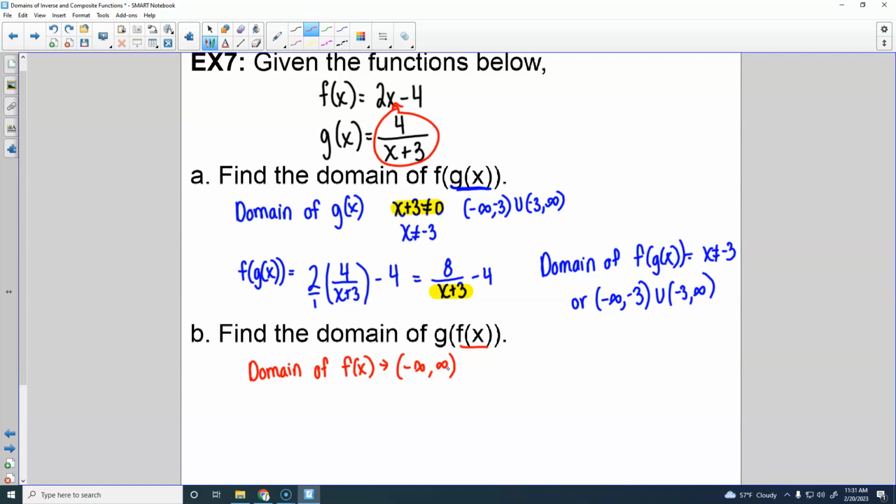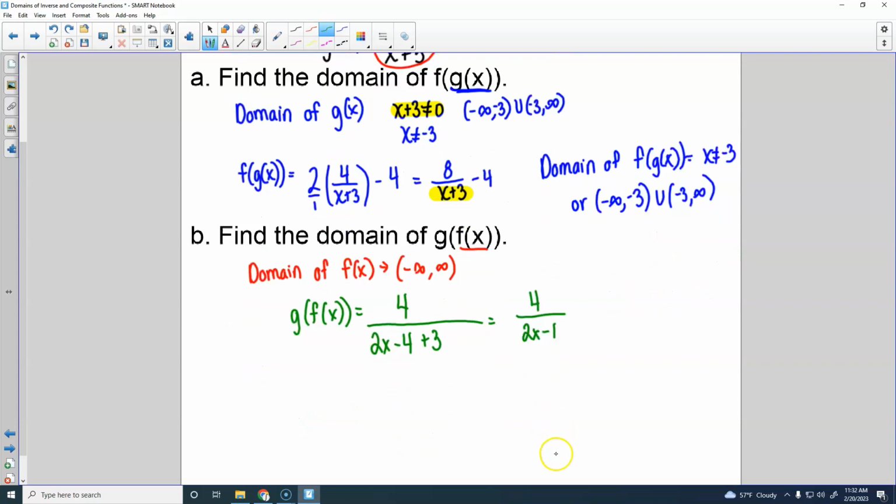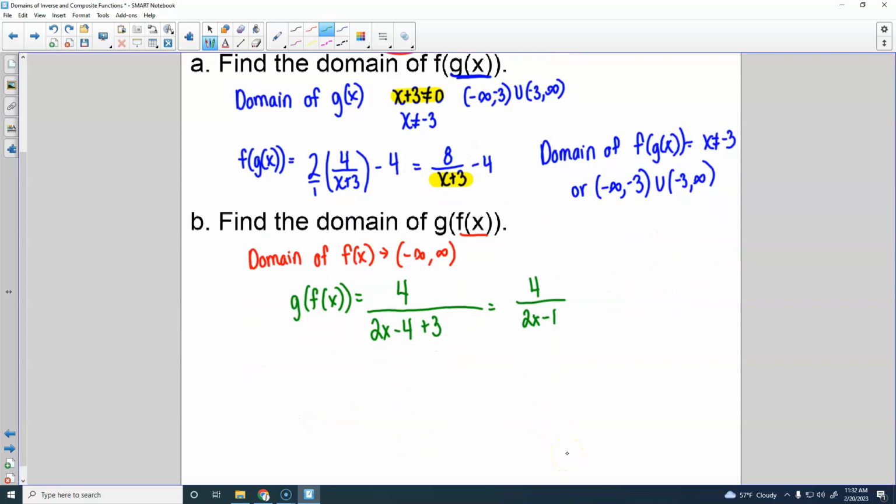So if we plug f into g, we're going to have g of f of x is going to equal 4 over 2x minus 4 plus 3. Which, if I want to simplify that a little bit, I've got 4 over 2x minus 1. So again, we're thinking about those three things that give us trouble.